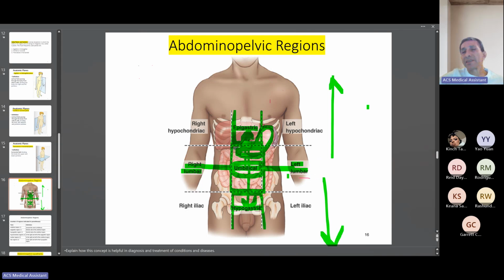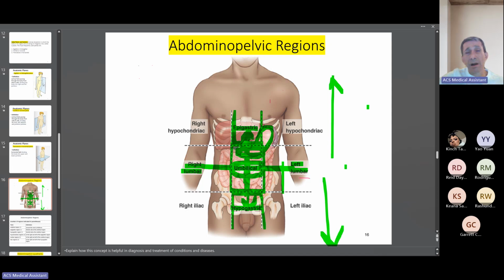Lumbar, because this is the lumbar vertebrae, the lumbar region of the spinal cord that is located right here in this area, of course, right here in the middle on the back. But we're gonna denote this right here. So that is called the right and left lumbar.